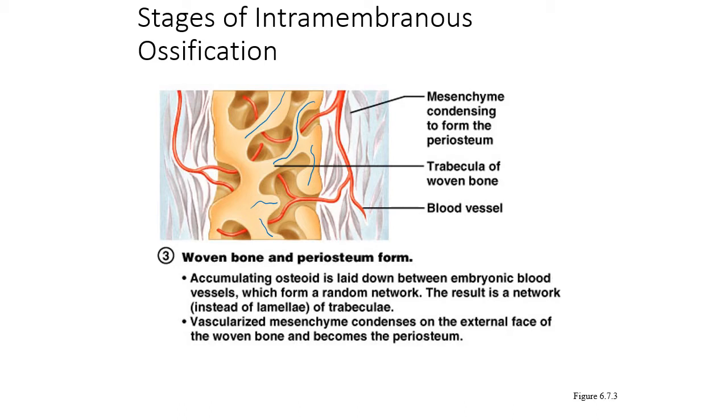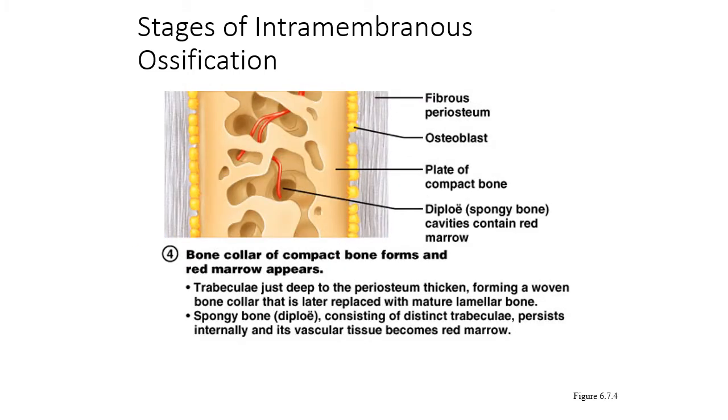And that really starts to bring in the building blocks that we need in order to build the bone at this point. Mesenchyme on the outside of the bone is now going to start to change one more time, and this is going to start to change into connective tissue to where we can now form our periosteum on the outside of the bone as well. As we continue to remodel, the bone starts to form our compact bone outer portion on either side.